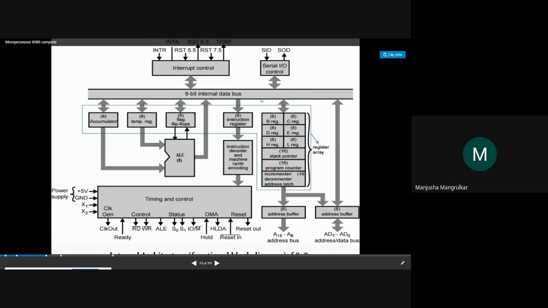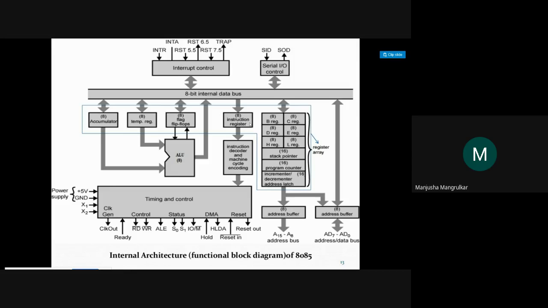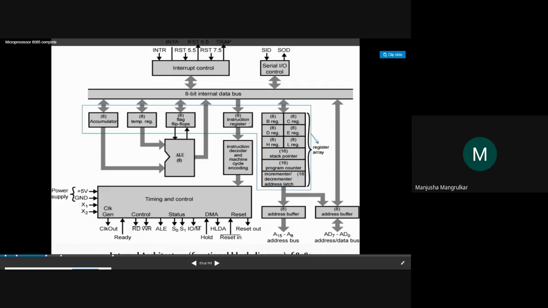Clear? Now you know that the microprocessor does three things: it fetches the instruction, decodes the instruction, and performs the task. So the address fetches the instruction and gives it to the instruction register, right?